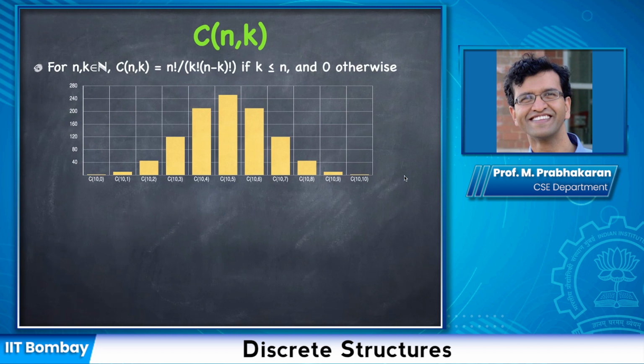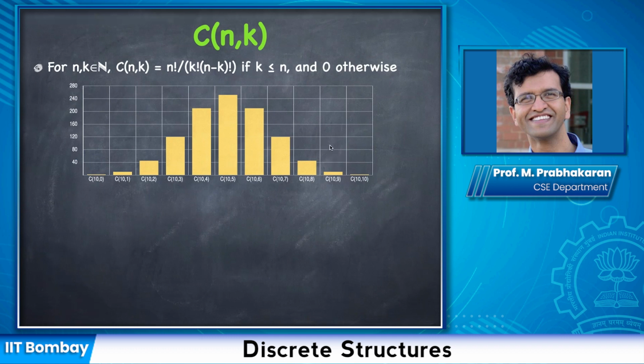You cannot choose a subset of size k from a set of size n if k is greater than n. As you can see here, C10,0 is 1, so this corresponds to the empty subset. C10,1 is 10, this corresponds to there being 10 singleton sets, and so forth. And Cnk keeps increasing until it peaks and starts decreasing.